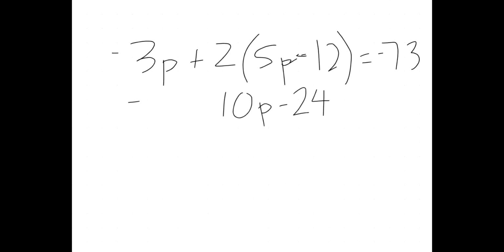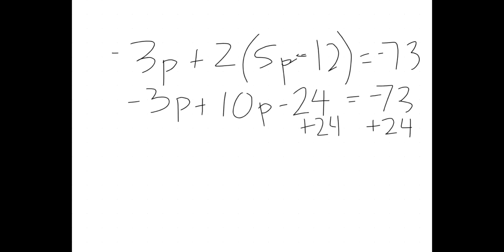Then bring the 3p. Then plus 24. Okay. Negative 49, sorry. And the negative 3 plus 10 is positive 7. You see why? Yeah, because the 10's bigger.